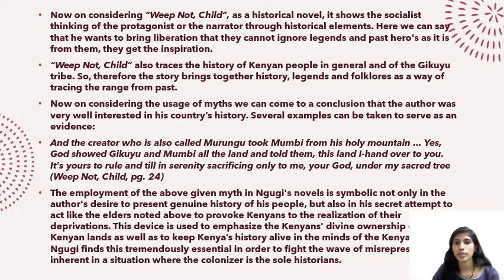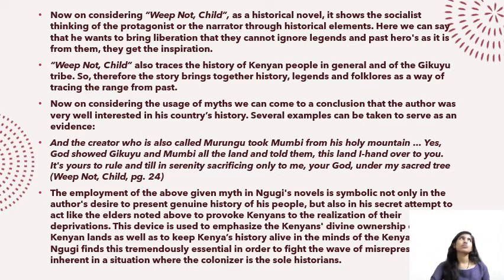When we consider Be Not Child as a historical novel, it shows the socialist thinking of the narrator through historical elements. Here we can say that he wants to bring liberation that they cannot ignore, because their legends and the past heroes are their inspiration, because they are among themselves. Their past heroes and legends are one among them.